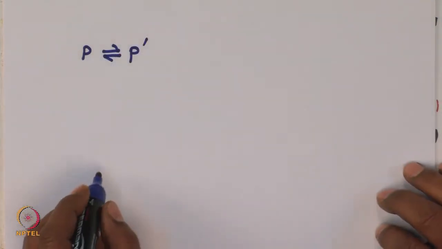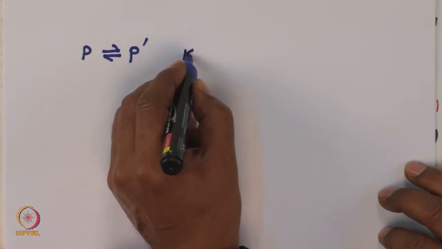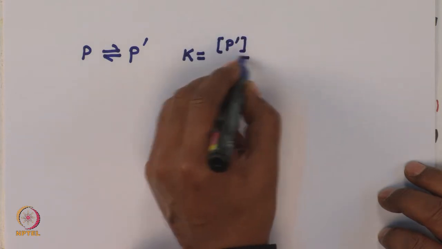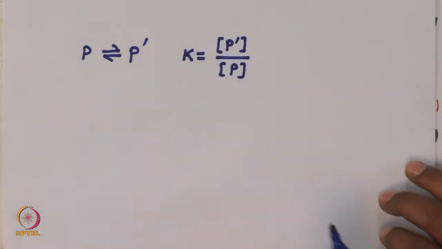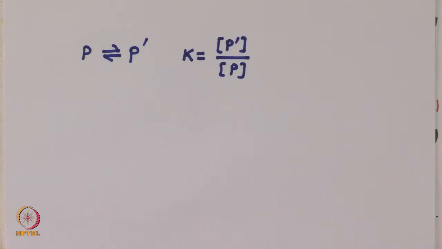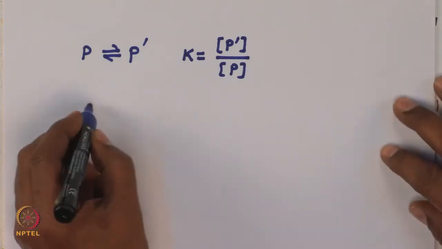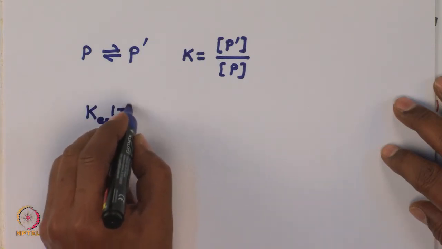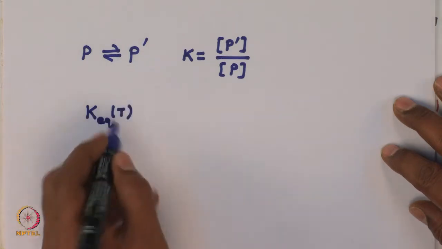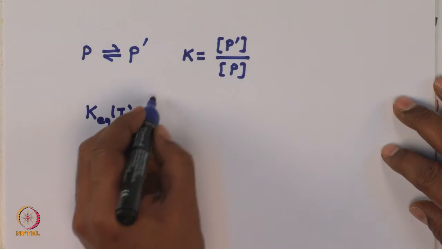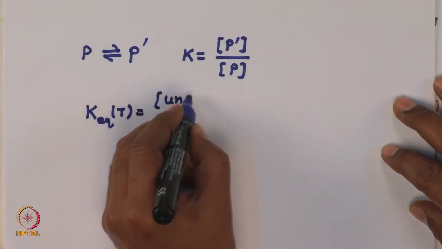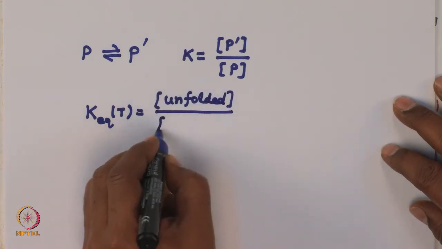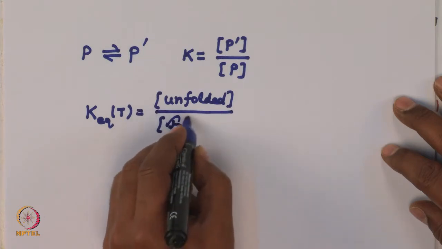P prime is the denatured state, and the associated value of K is equal to concentration of P prime over concentration of P. And if now I have to write K equilibrium at temperature T, I can write the concentration of unfolded form divided by the concentration of folded form.